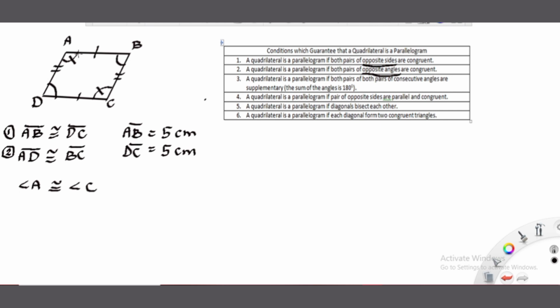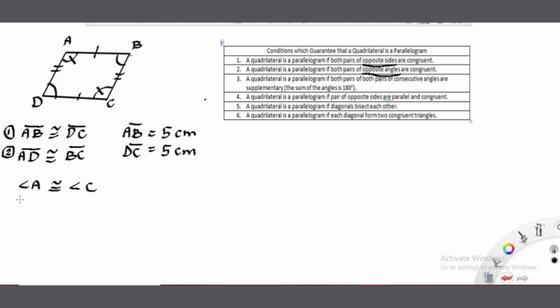Aside from naming it angle A, we can name it also as angle DAB or BAD. And aside from naming it angle C, we can name it as angle BCD or DCB.